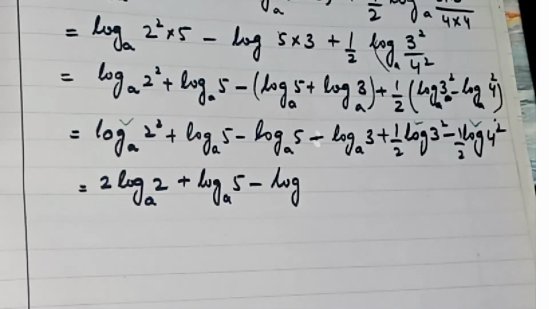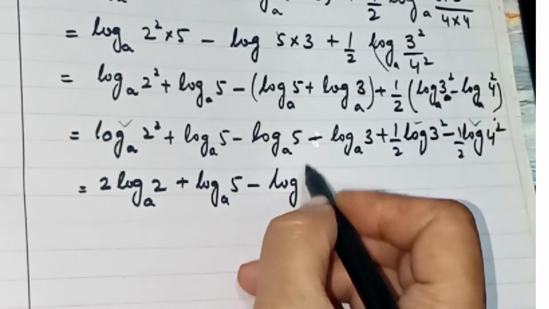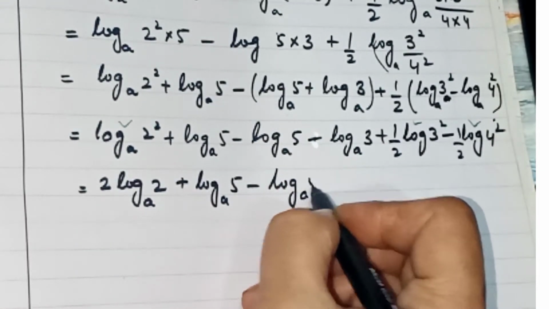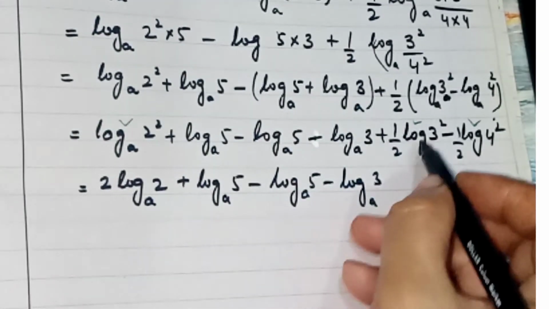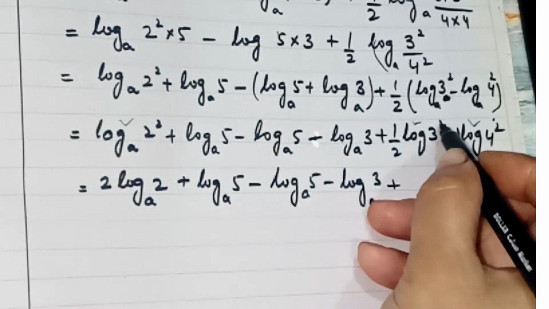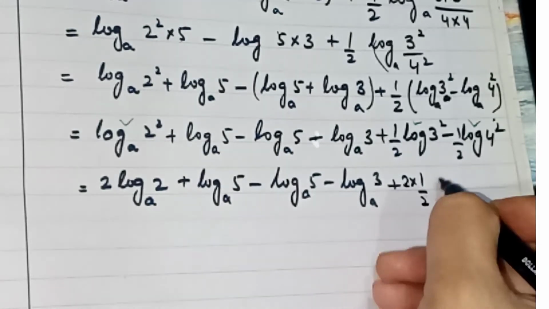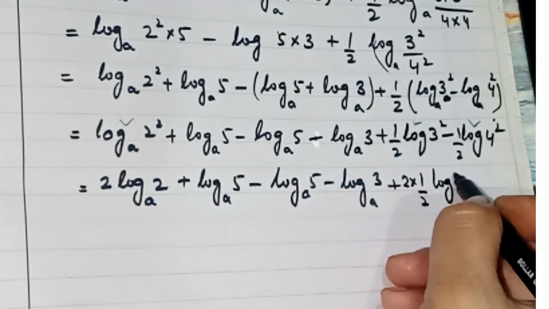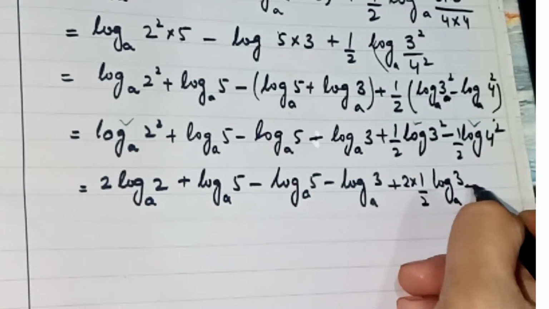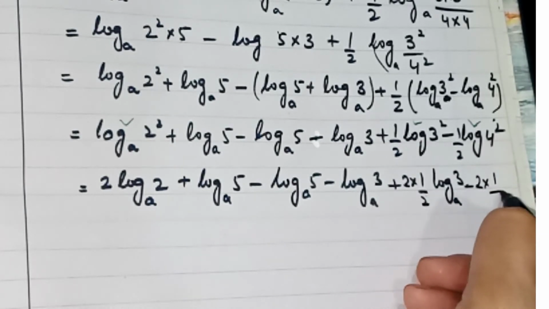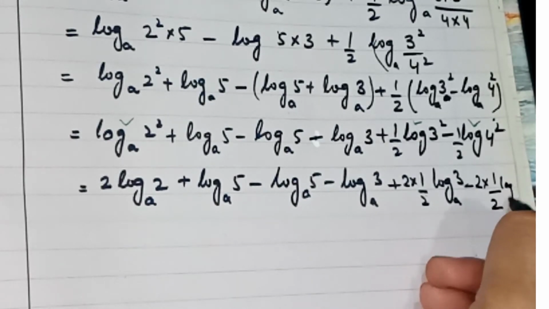So I am applying the third law of logarithm here. These two terms will remain the same, and after applying this we have to write it like this: 2 will come here, 2 multiplied by half log of 3 and minus 2 will be multiplied with half here and log of 4.